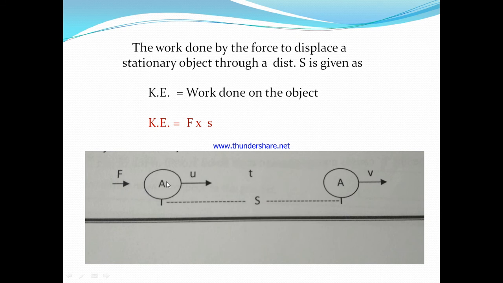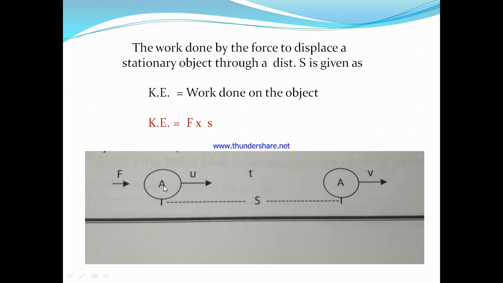This object A, suppose it has initial velocity u, and we are applying a force. एक पदार्थ आहे जो u या वेगाने गतिमान आहे. आपण त्याच्यावर F एवढं बल प्रयुक्त केलं. आता काय होईल? In time interval t, the object will now come here. It will have a velocity v. Why has it changed? It is the final velocity due to the application of force F. And it has covered a displacement s.